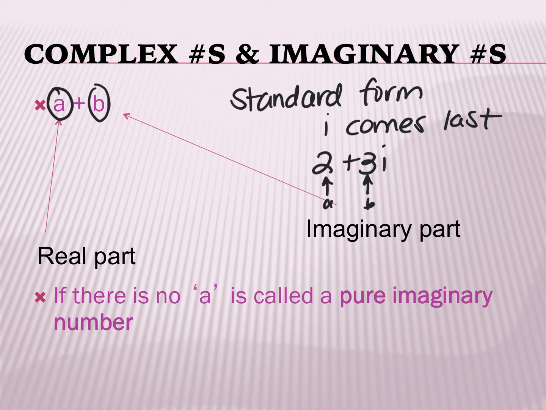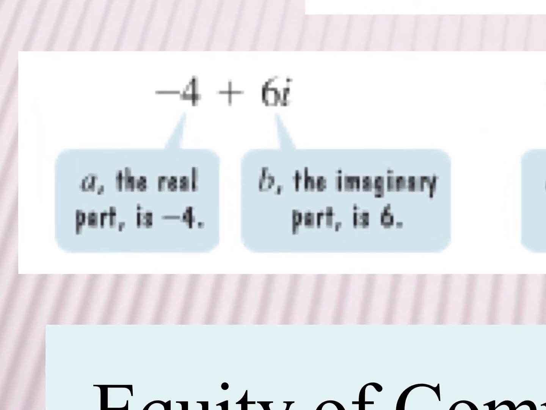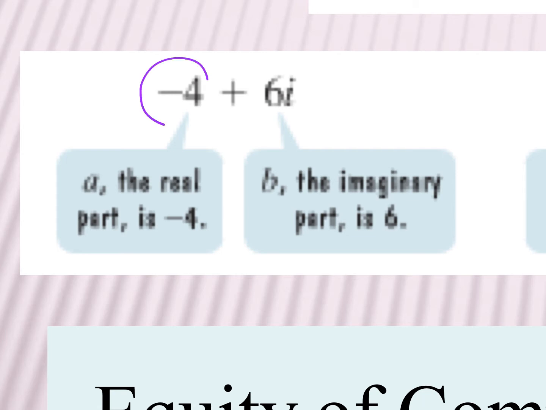If there's no a, it's called a pure imaginary number because there's no real part. So something like 2i would be purely imaginary. All right, so these are just examples of that a plus bi. If you look at the first one, this says -4 plus 6i. So the real part a is -4, and the imaginary part b is 6.